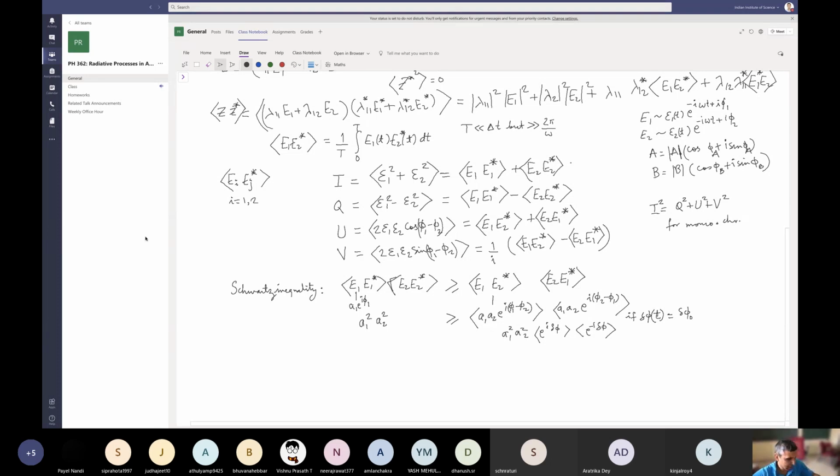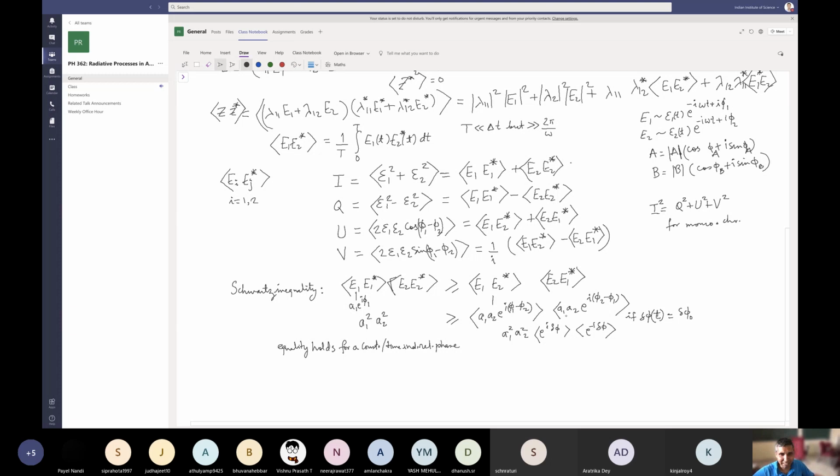What it says is that this equality will hold if E1 and E2 have a constant relative phase. So equality holds for constant or time independent relative phase. This is what I actually just said mathematically here.